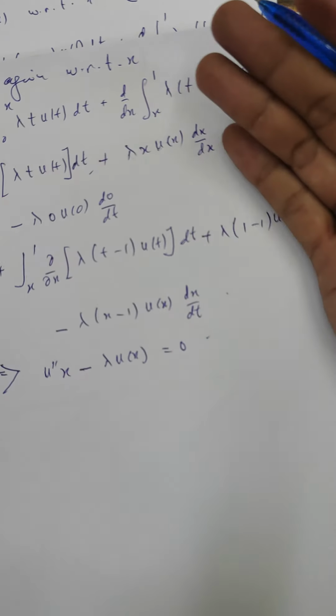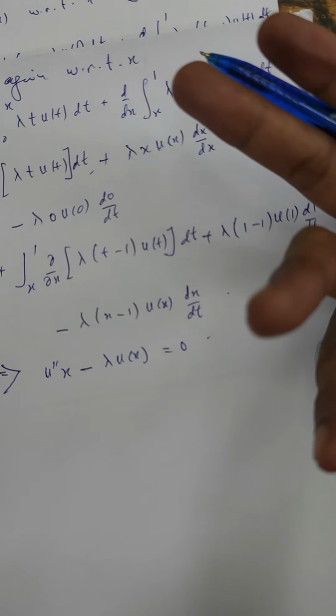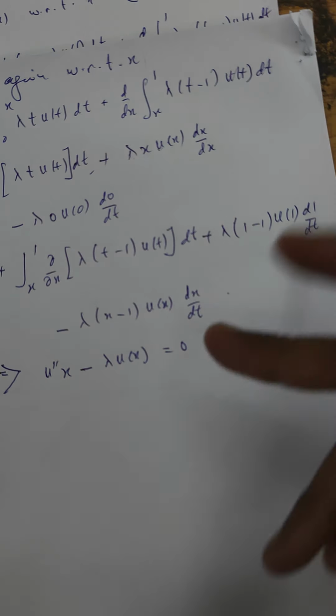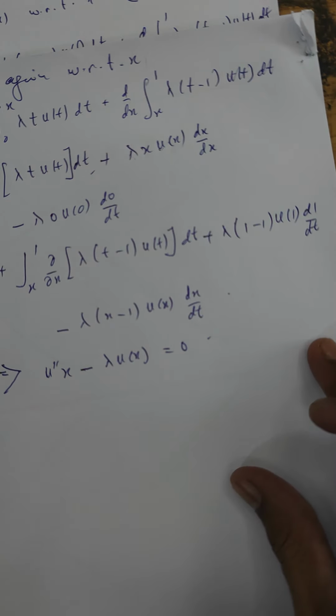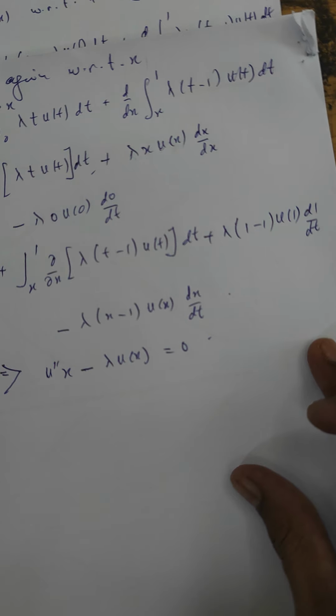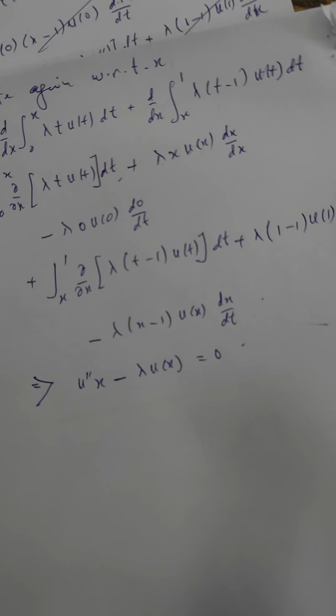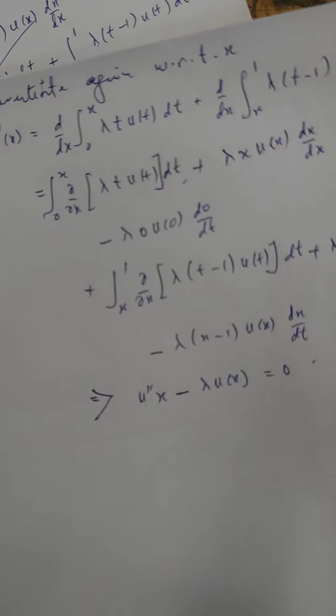So what we have done there is that we reduce the Fredholm integral equation into a differential equation, just an ordinary differential equation. And then from u, where is our u?